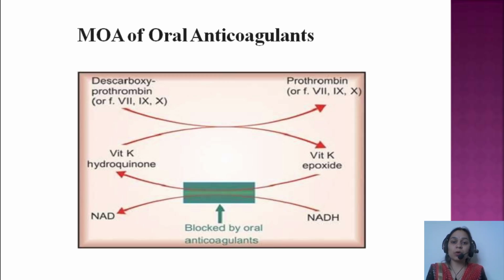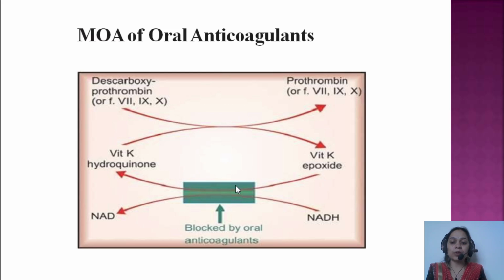Mechanism of action of oral anticoagulants. So, oral anticoagulants act indirectly by interfering with the synthesis of vitamin K dependent clotting factors in the liver. They behave as competitive antagonists of vitamin K and reduce the plasma level of functional clotting factors.